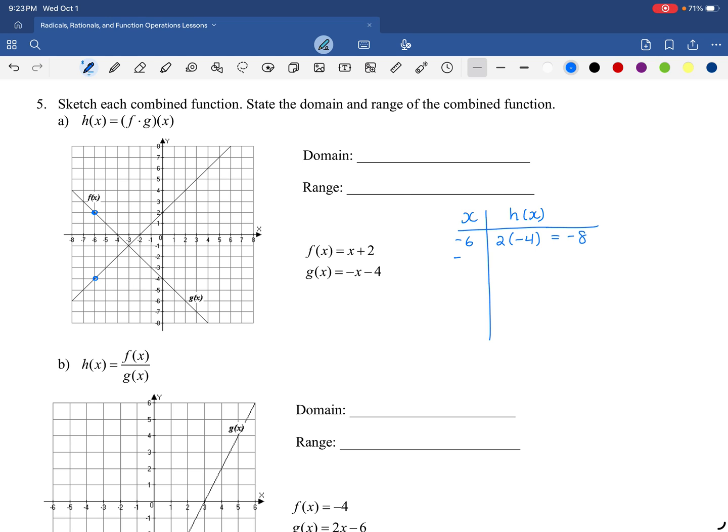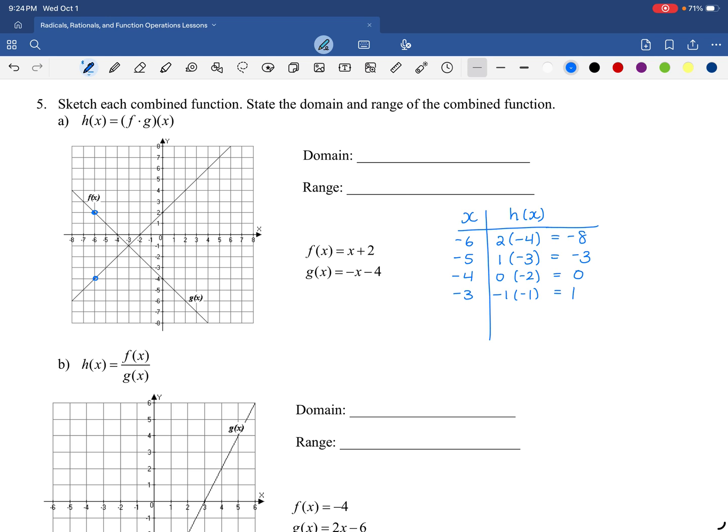Moving along, if x is negative 5, f is equal to a 1 and g is equal to a negative 3. If I multiply those, negative 3 will be the new y value. When x is negative 4, I'm going to get a 0 on f and a negative 2 on g. So that's going to multiply to a 0. When x is negative 3, I'm going to have a negative 1 multiplied by a negative 1. So that's going to give me positive 1.